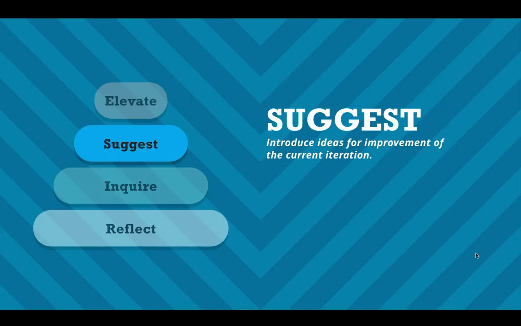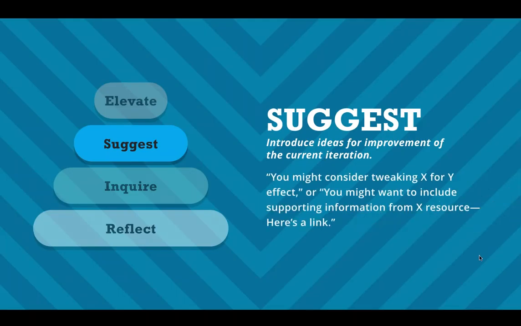The next step is to make suggestions. We've acknowledged what our peer has written, we've asked some questions, and now we're ready to make some suggestions. So we want to introduce ideas for improvement here, and we want to be specific when we do that. For example, you might consider tweaking X for Y effect, or you might want to include supporting information from this resource. Here's a link.